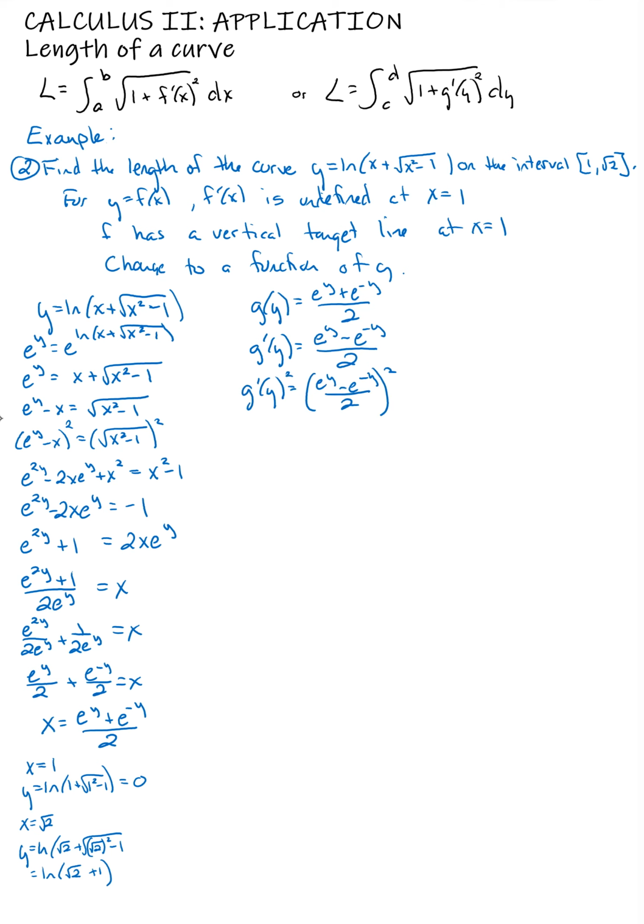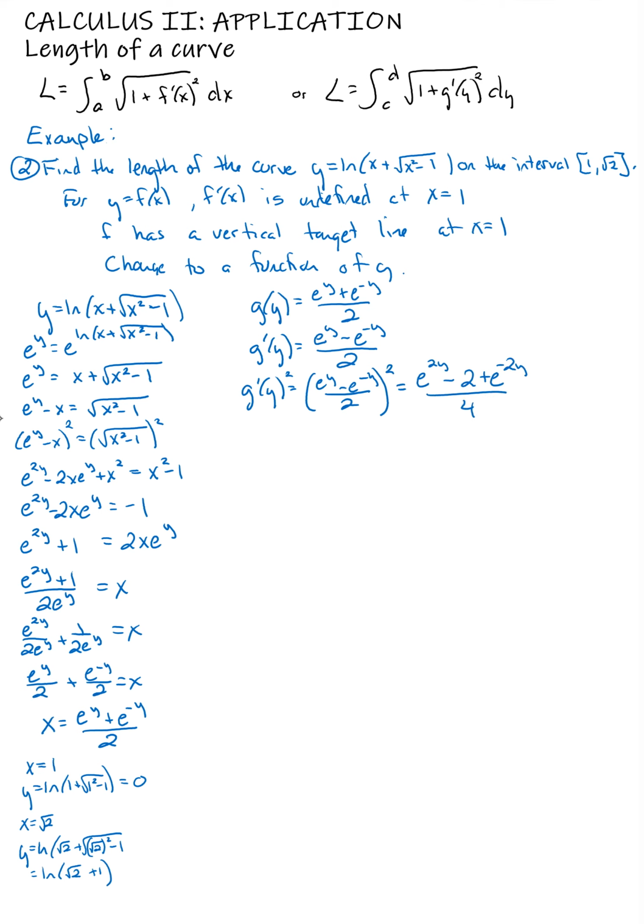When we square that, we end up with e to the 2y minus 2 plus e to the negative 2y over 4.